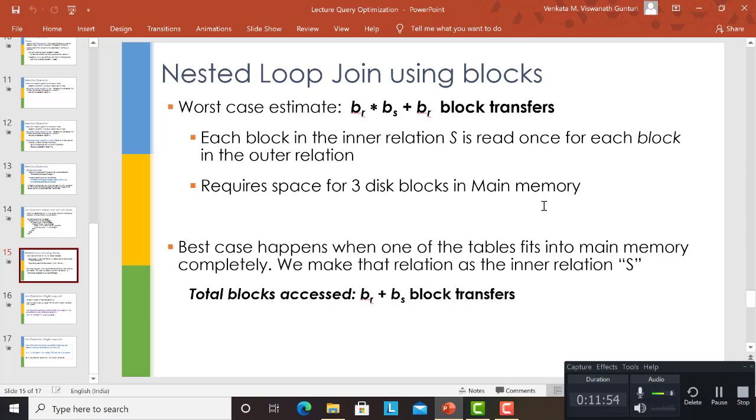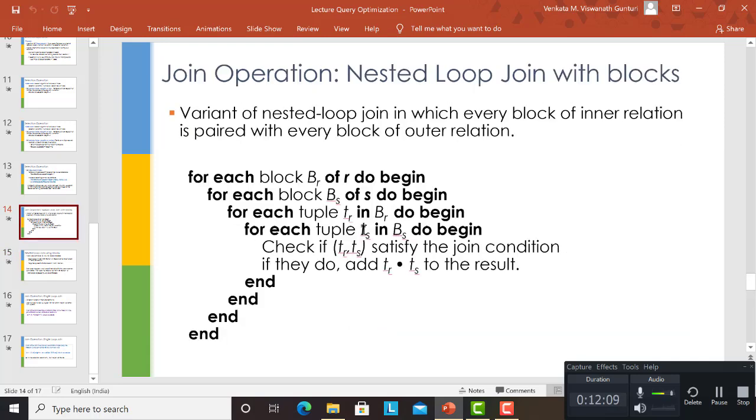And I think many of you may have already guessed this fact, that as you are joining tuples from R1 against tuples from S1, theoretically speaking, you can have TR times TS number of results from just the first block of relation R and the first block of relation S. Let's say it is theoretically possible that in the first block of these two relations, all tuples match with every other tuple, right?